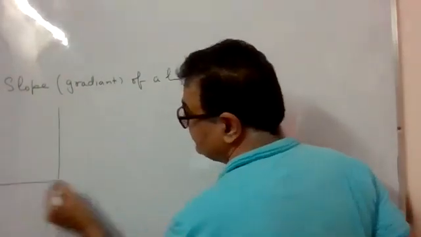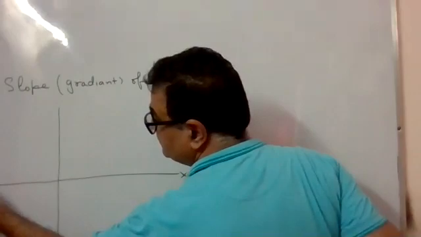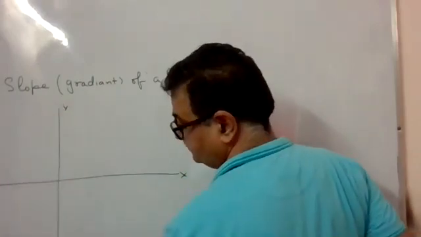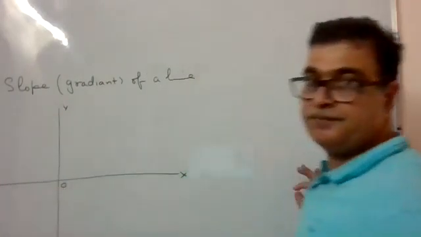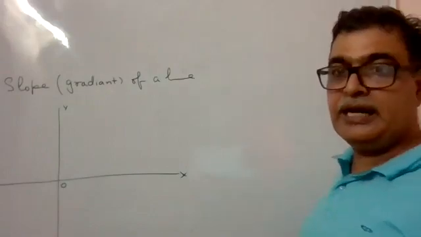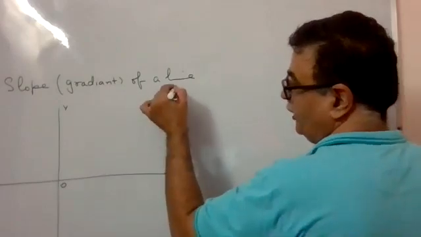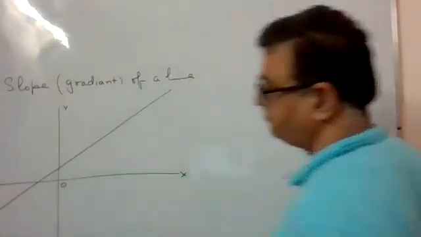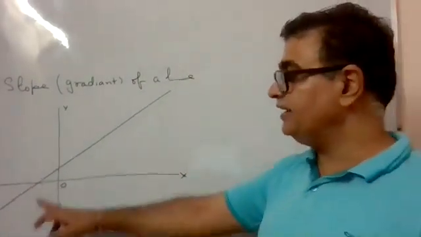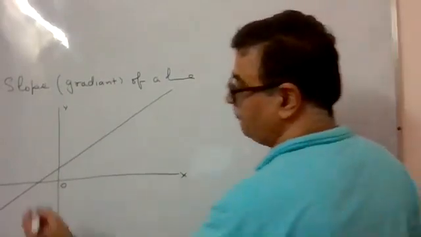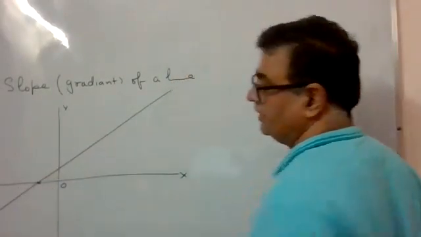This is x-axis and y-axis we have. This is origin. Any line if I take, for example, I take this line. This line cuts the x-axis at some place. Let this be the point where it cuts the x-axis.